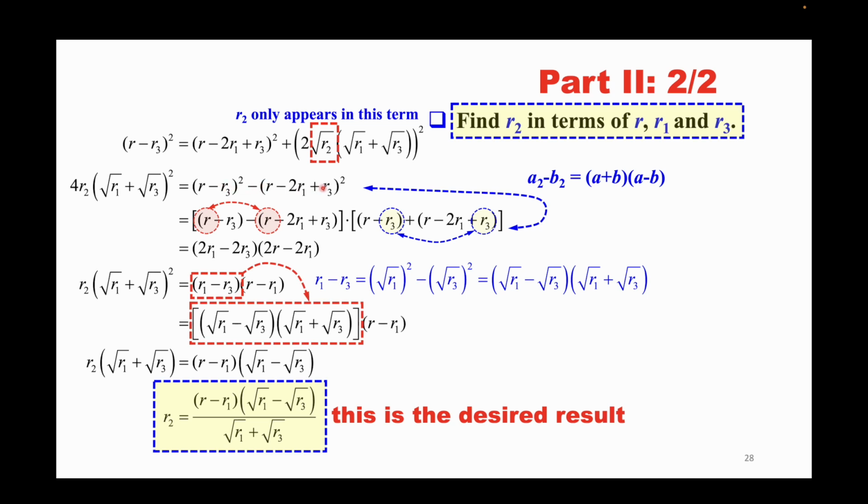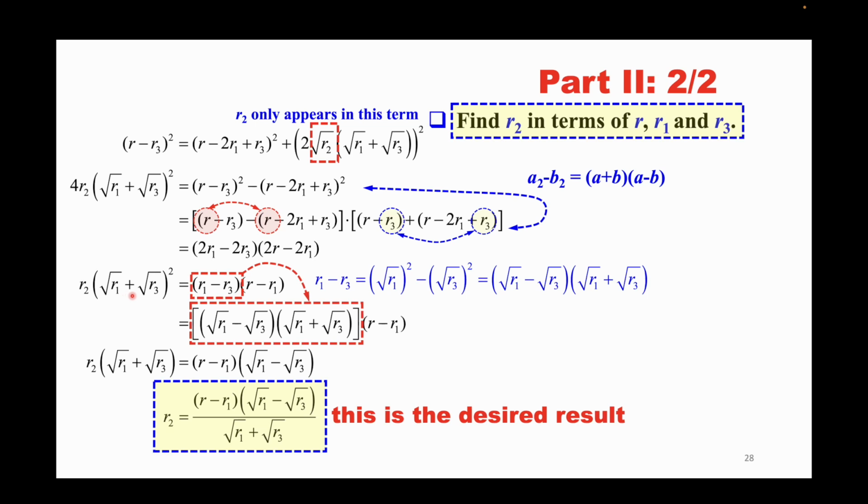Now we apply A squared minus B squared to yield A minus B times A plus B. So after simplifying it, we have this. Now let's take a look at this term. That is R2 times the square root of R1 plus the square root of R3, squared.